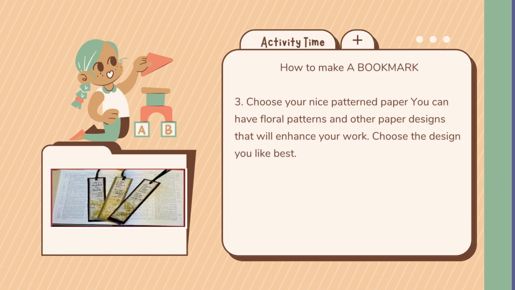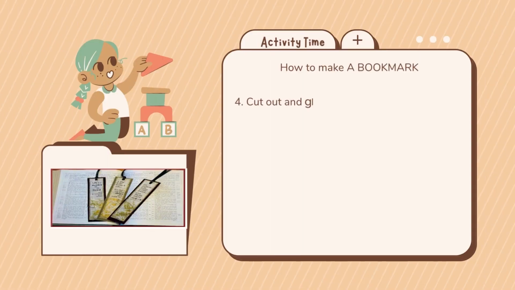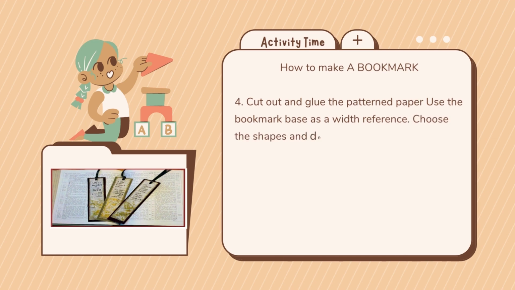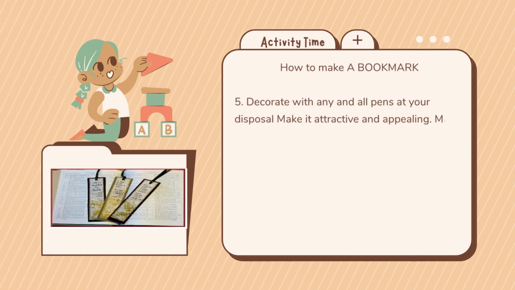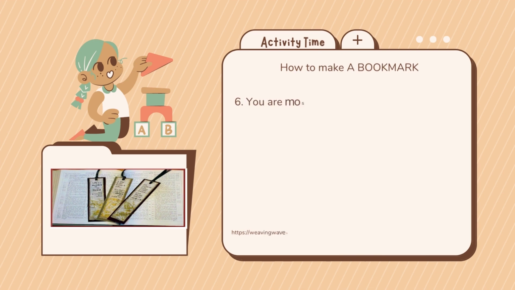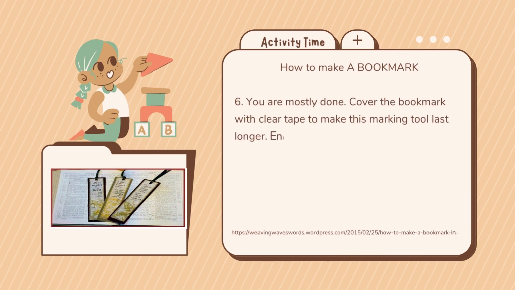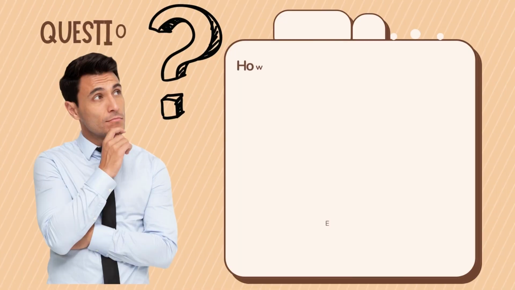Choose the design you like best. 4. Cut out and glue the pattern paper. Use the bookmark base as a width reference. Choose the shapes and details you want and cut them carefully. 5. Decorate with any and all pens at your disposal. Make it attractive and appealing. Mix the best color combinations you can to make the best bookmark. 6. You are mostly done. Cover the bookmark with clear tape to make this marking tool last longer. Enjoy bookmarking and enjoy reading.